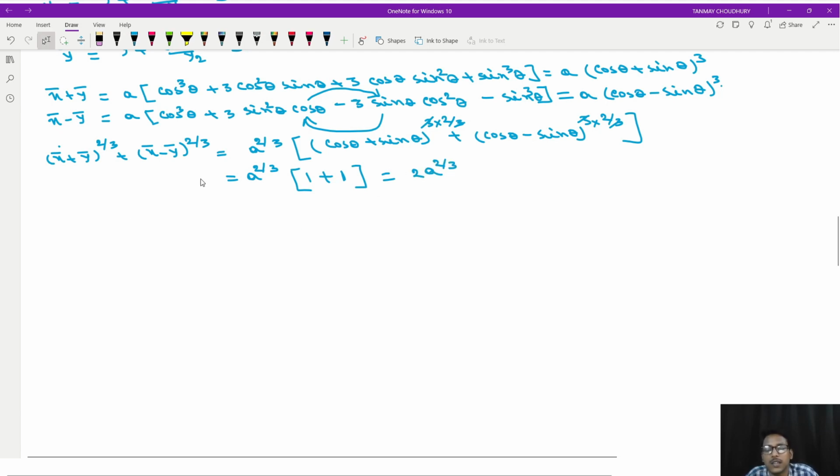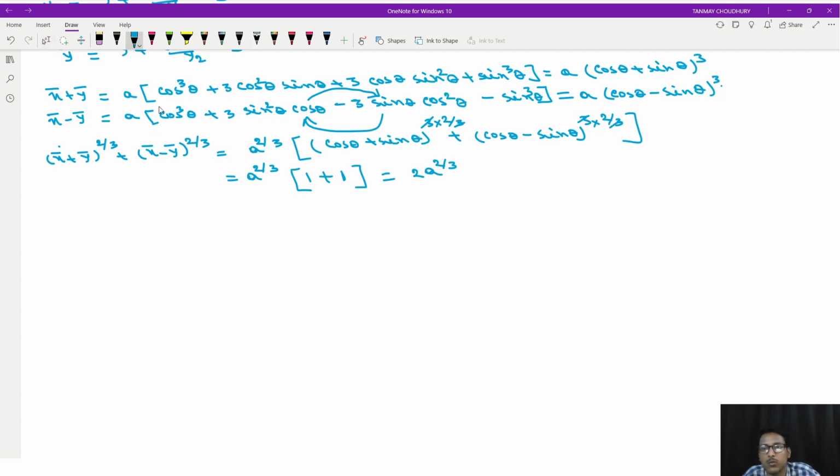So this is the relation between x bar and y bar, and hence we have evaluated the locus of (x bar, y bar).